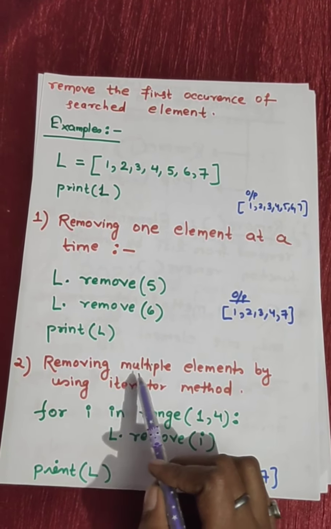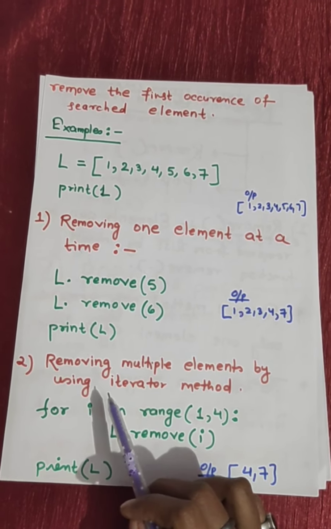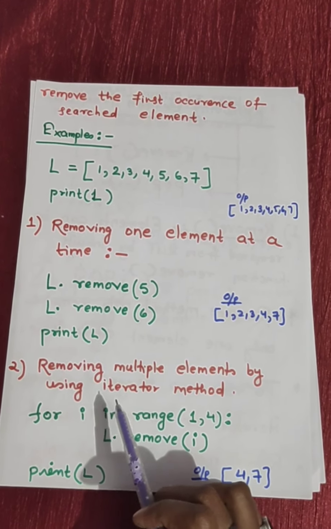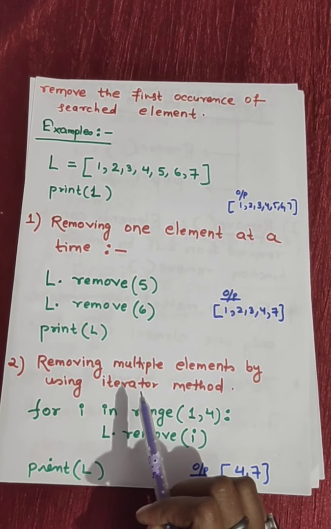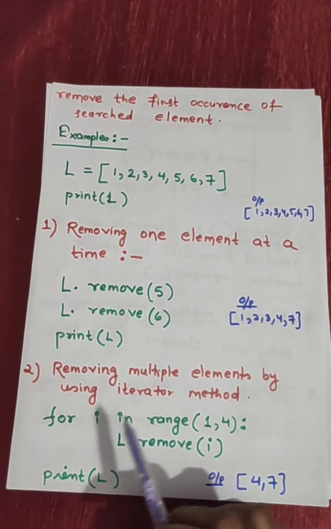Second is removing multiple elements by using the iterator method. If you want to remove multiple elements at a time using the remove method, you can use either a loop or an iterator.